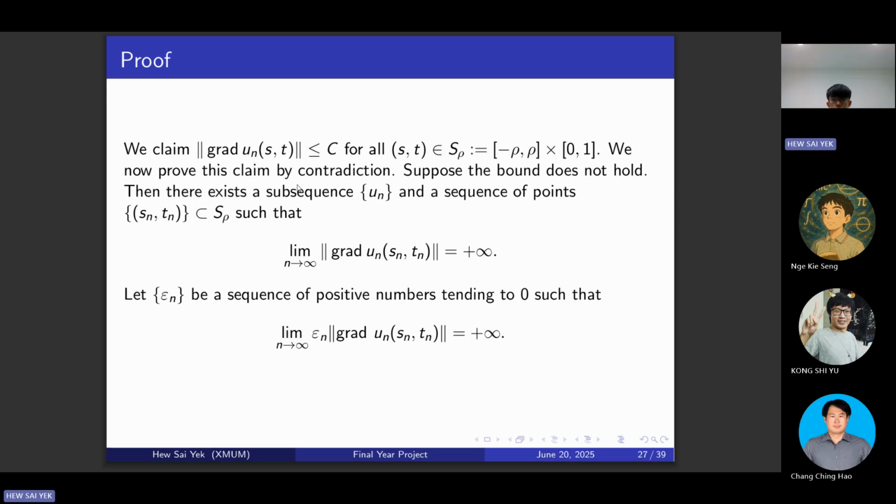Then assume a subsequence u_n and a sequence of points s_n and t_n in the domain such that the limit of the gradient at the points goes to infinity. Then we let epsilon_n be a sequence of positive numbers tending to 0, such that the limit of epsilon_n times the gradient tends to infinity.